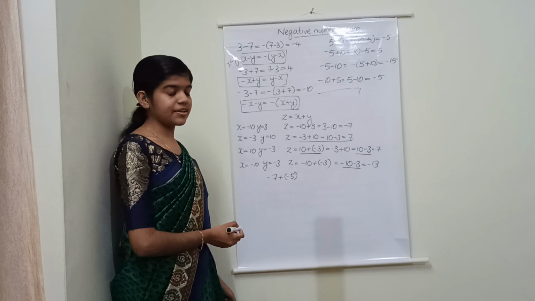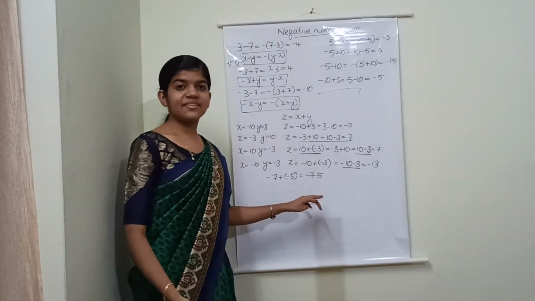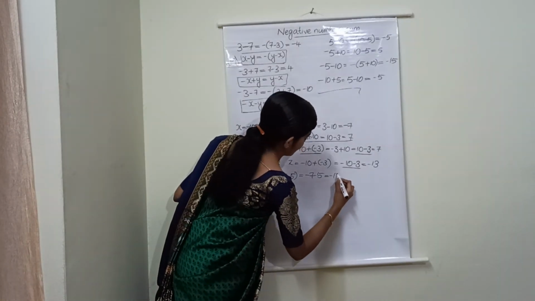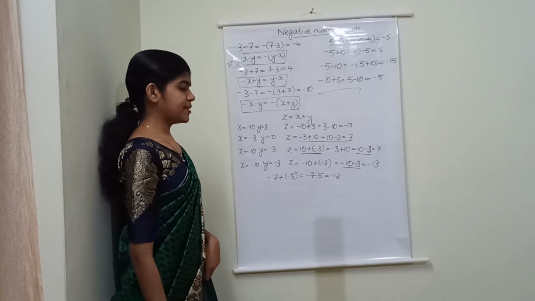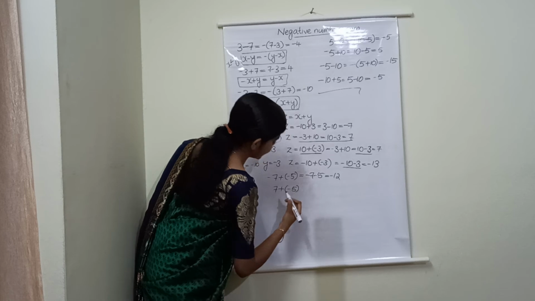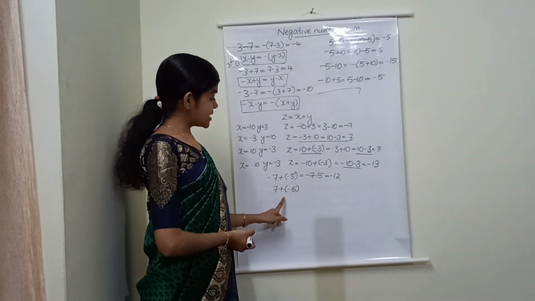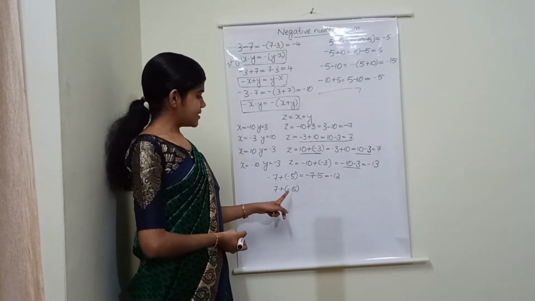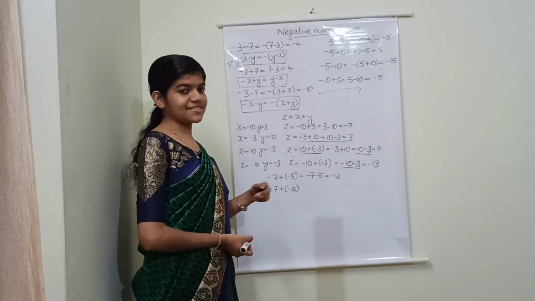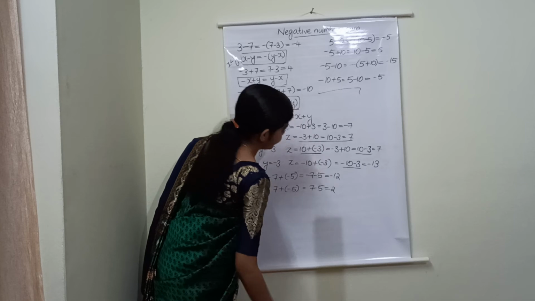Minus 7 plus minus 5 is minus 7 minus 5, which is minus 12. Then what is 7 plus minus 5? Adding minus 5 becomes minus 5. That is 7 minus 5, simply 2.